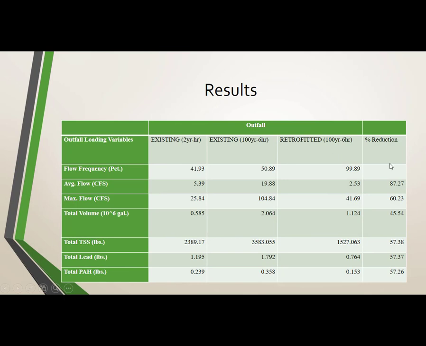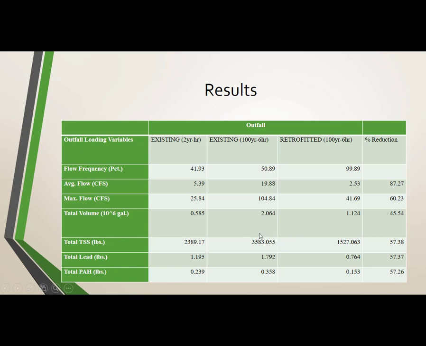To summarize the outfall loading, we see that the average flow has decreased from 19.88 cubic feet per second to 2.57, which is a reduction of 87%. We also see that the maximum flow has reduced by 60% from 104 to 41, and the total volume is reduced from 2 million gallons to 1.1 million gallons, which is a reduction of 45%.